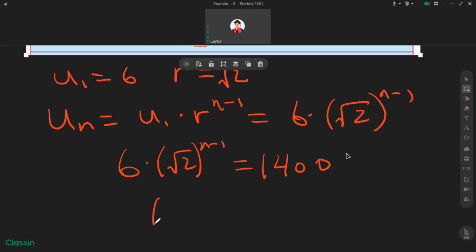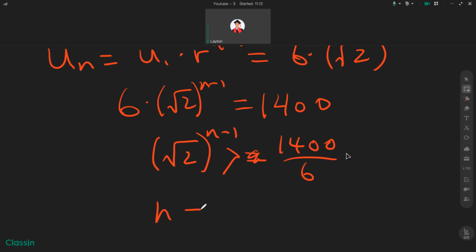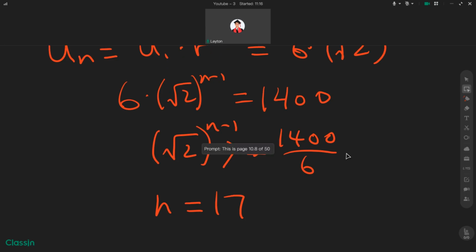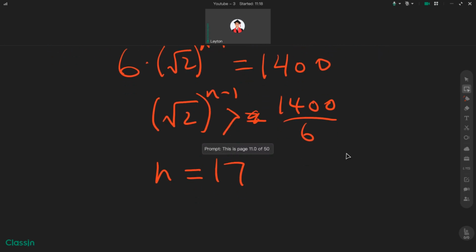So for example, we can see when this exceeds that, and you'll find that n is equal to 17 is when this exceeds that. So U of 17 is the first term.